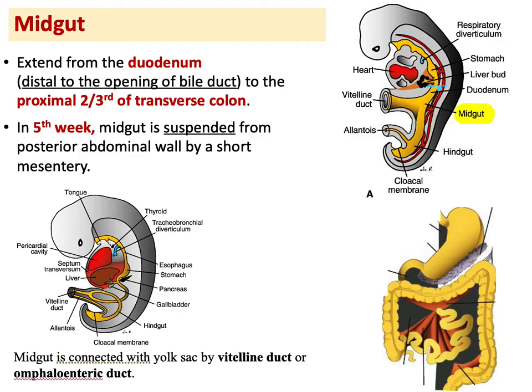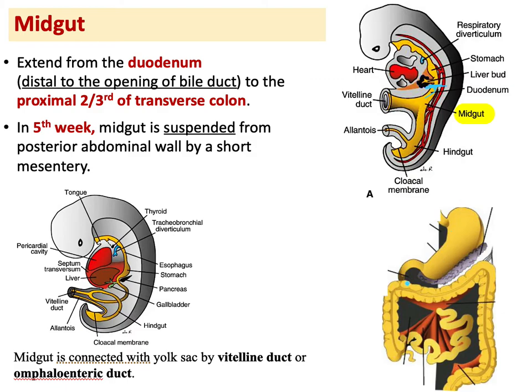Now after the foregut, you will find the midgut. So today we'll talk about this part of the gut tube that we call the midgut, that extends from the duodenum exactly distal to the opening of the bile duct to the proximal 2/3 of the transverse colon.